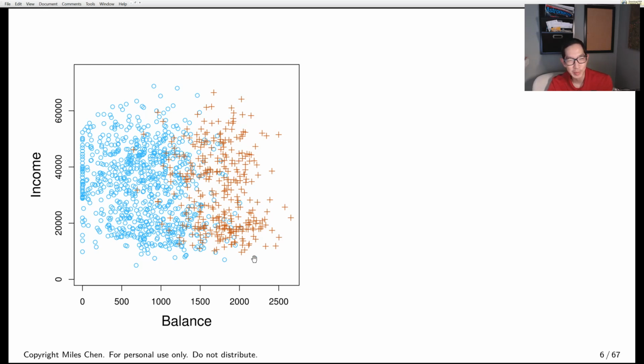However many, we have approximately similar numbers of people who have defaulted and those who haven't. There seems to be a pretty clear relationship that as balance increases, the probability that someone defaults also increases. And how much does income play a role? It's a little bit harder to read in this data set.